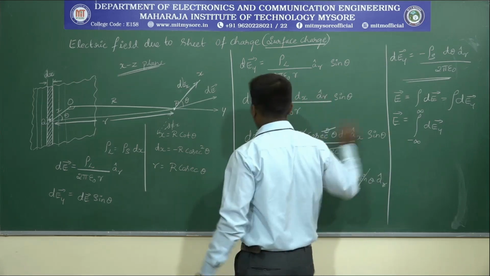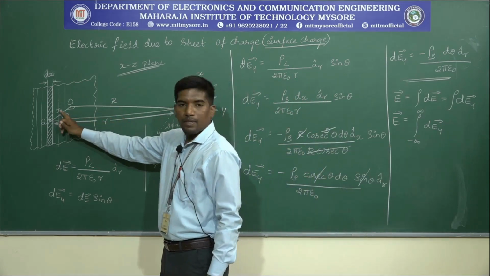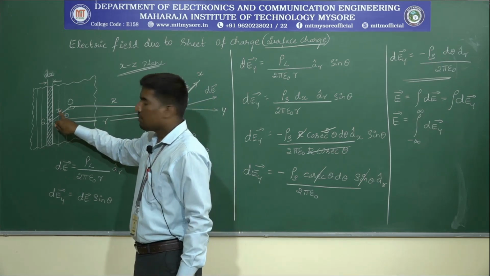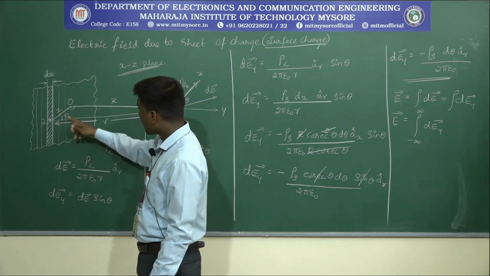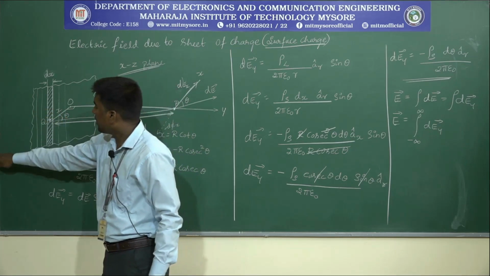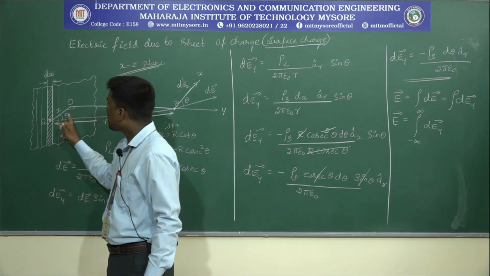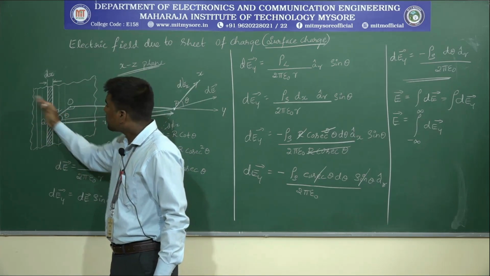But here we cannot integrate from minus infinity to plus infinity, because we need to change these limits in terms of theta. See, if x is at minus infinity, what happens to theta? Theta becomes 180 degrees.